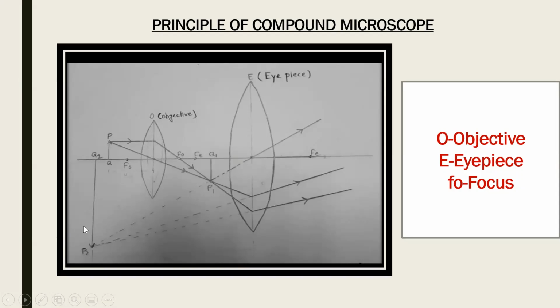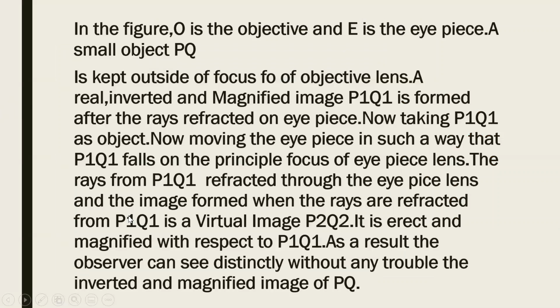You can see here P1Q1 is refracted and it is formed as P2Q2, a virtual image, and it is magnified and erect. This is the principle of the compound microscope, and here is a description I have written for you.